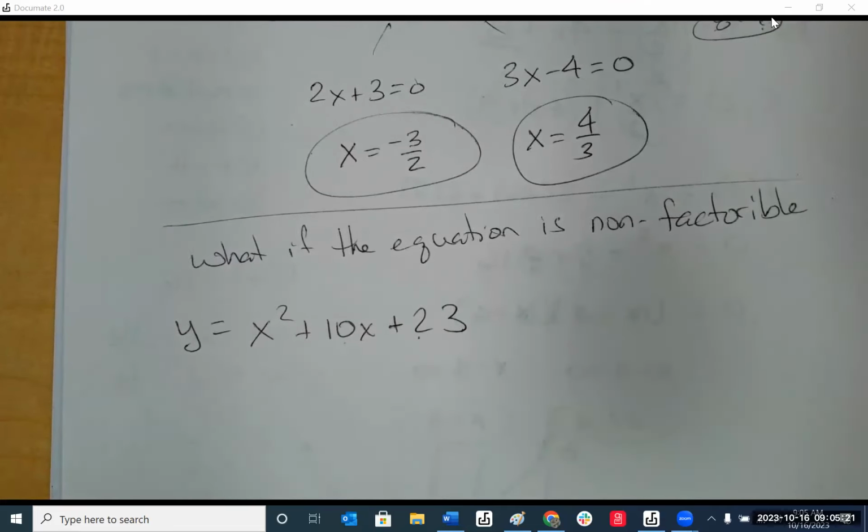First up, set it equal to 0. When you do that, everything's got to be on one side.